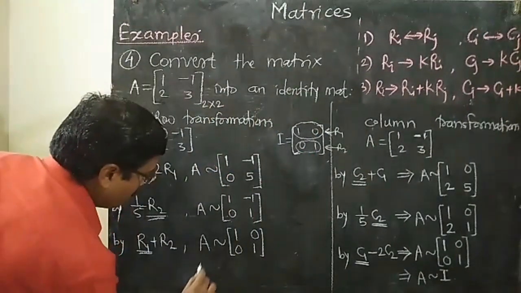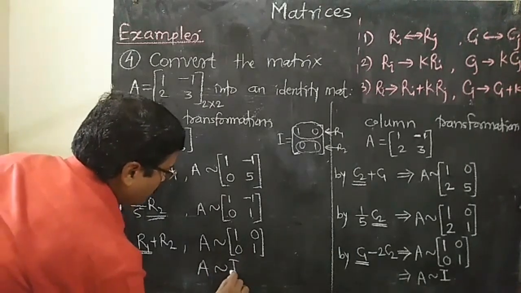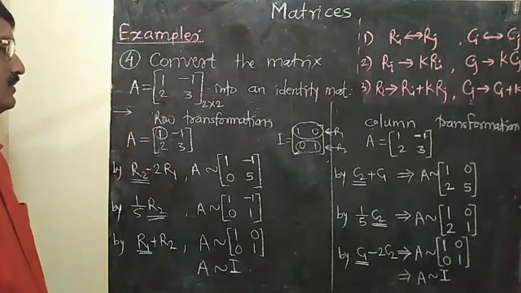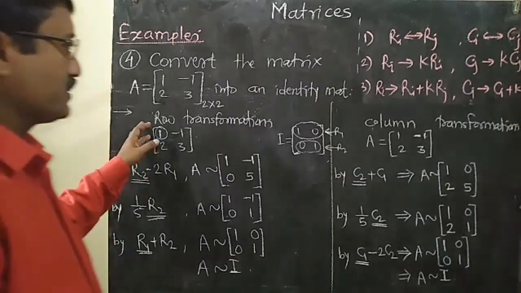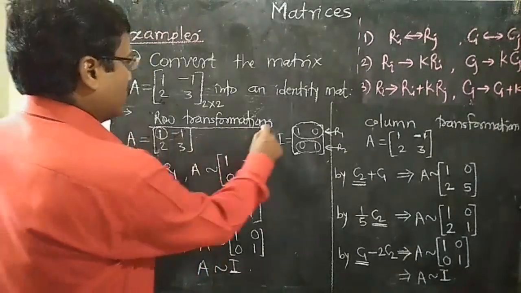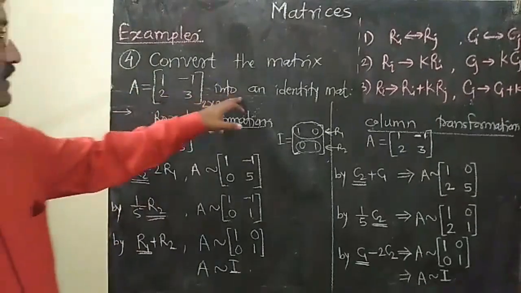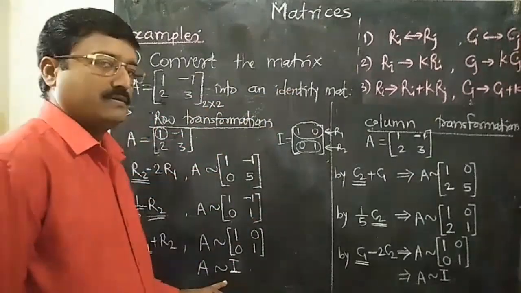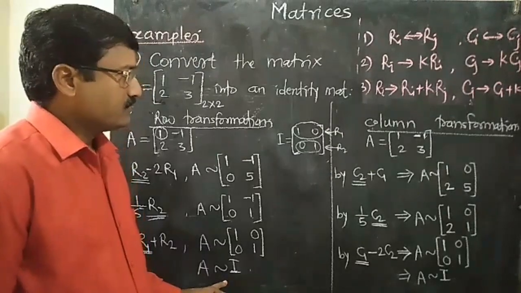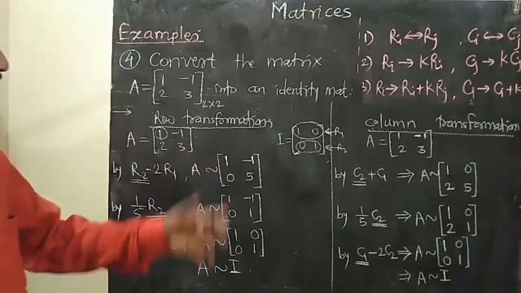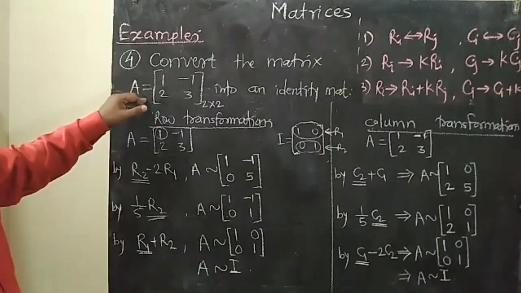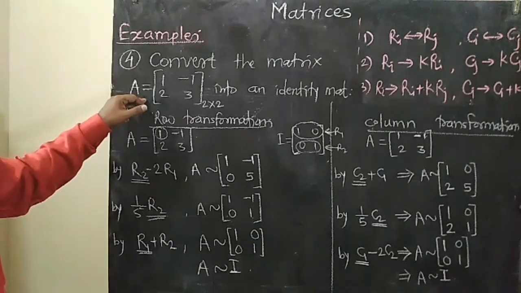This A is also equivalent to the identity matrix. So in this way, by row transformations and by column transformations, we have converted this matrix A into an identity matrix of the same order. So these are two ways to convert a matrix into an identity matrix.